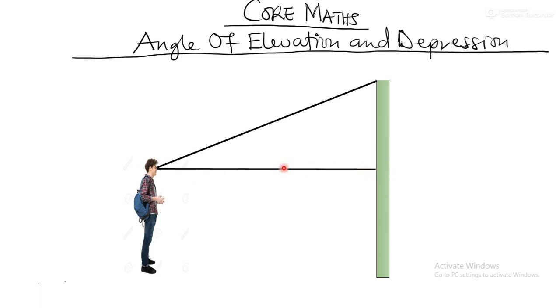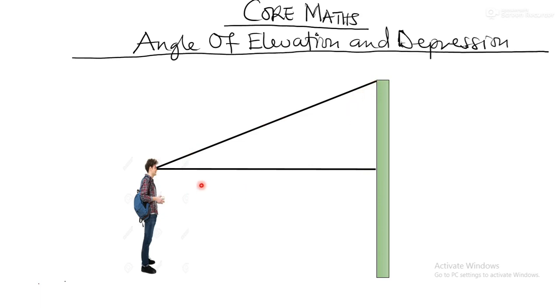And then when he raised his head to look at the top of the pole, his eye level changed in position. It moved from the horizontal position to a slant position. I hope you are following. Good.